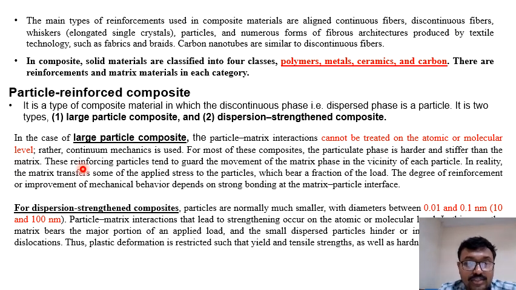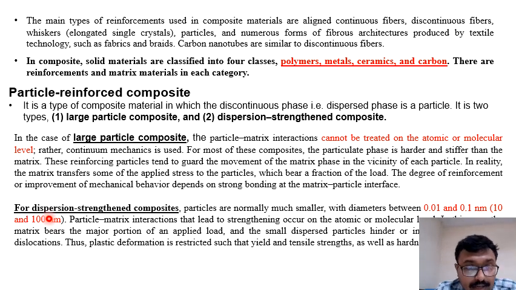This reinforcing particle tends to restrain the movement of the matrix phase in the vicinity of each particle. In reality, the matrix transfers some of the applied stress to the particle, which bears a fraction of the load. The degree of reinforcement or improvement of mechanical behavior depends on strong bonding at the matrix-particle interface.